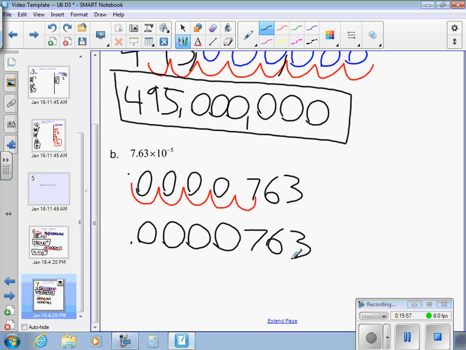So let's see what that is. Tenths, hundredths, thousandths, hundred thousandths. Wait, let me make sure I do the tenths, hundredths, thousandths, hundred thousandths, millionths, 10 millionths, 100 millionths. 763 hundred millionths. And this is my answer.